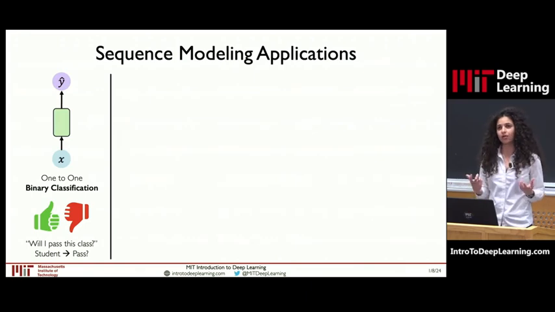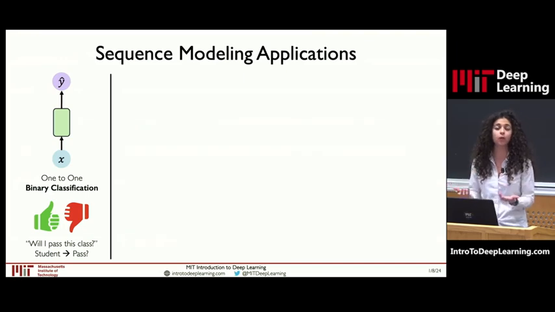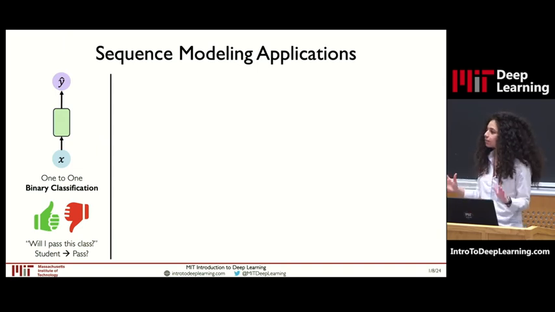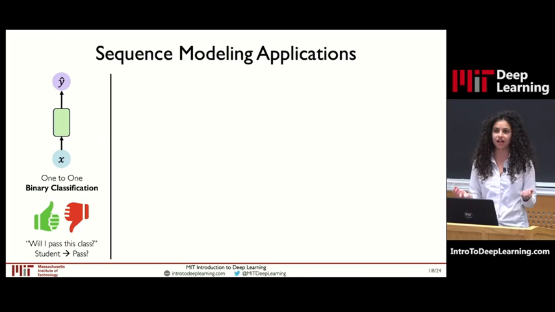So when we think about now how we can build up from this to answer specific neural network and deep learning modeling questions, we can go back to the problem Alexander introduced in the first lecture, where we have a simple task, binary classification. Am I going to pass this class? We have some single input, and we're trying to generate a single output, a classification, based on that.